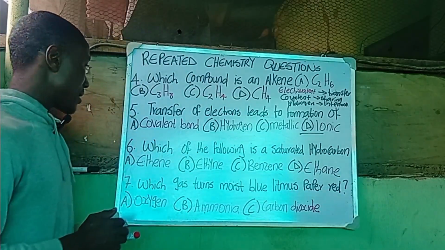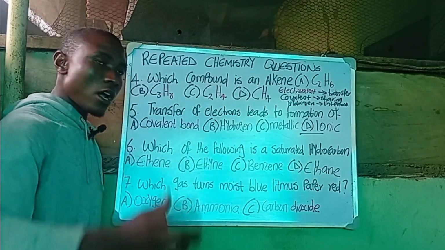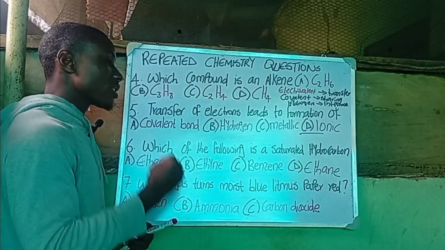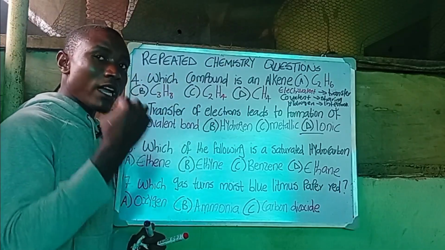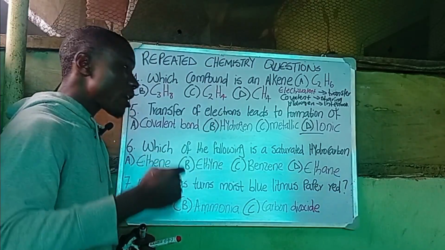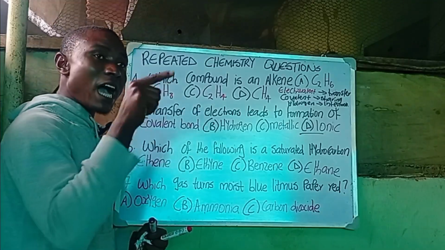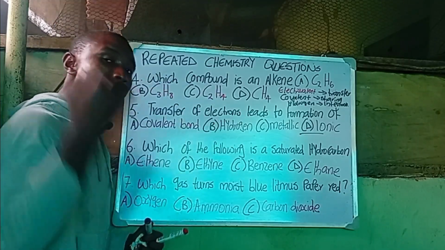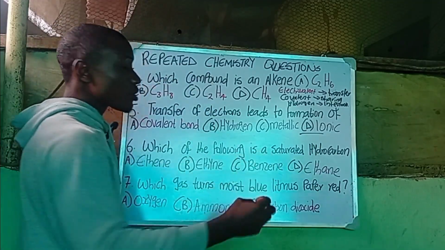Question number 6 says, which of the following is a saturated hydrocarbon? We have the alkanes, the alkenes and the alkynes. We know that it's only the alkanes that are saturated hydrocarbons, while the alkenes and the alkynes are unsaturated hydrocarbons.